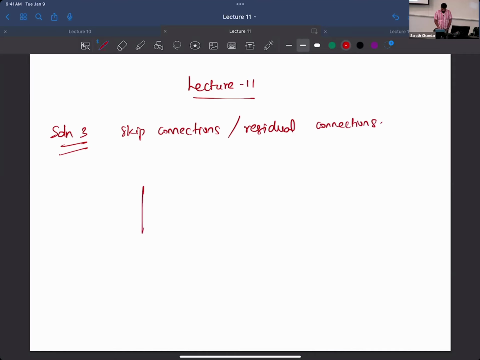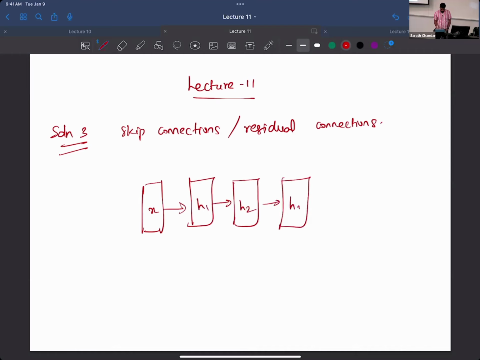Okay, so let's say I have a neural network which has 4 hidden layers, something like this, right? So we know that gradients vanish because you need to pass the gradient from H4 to H3 to H2 to H1, right?